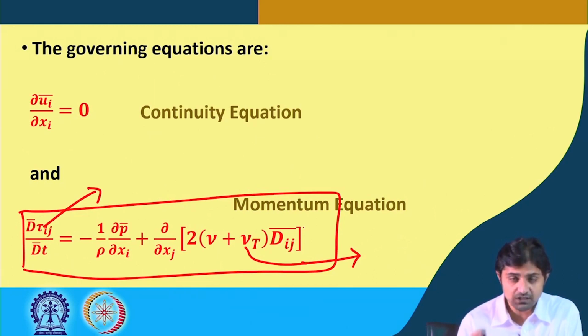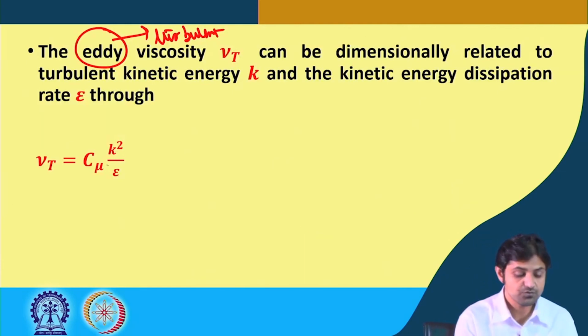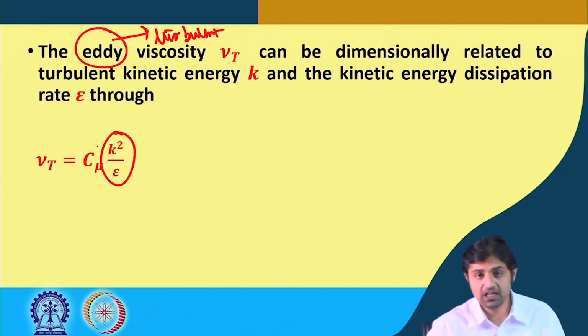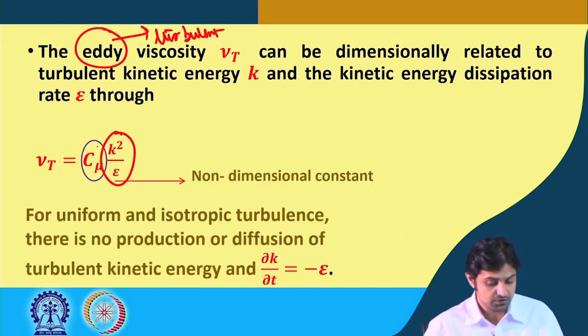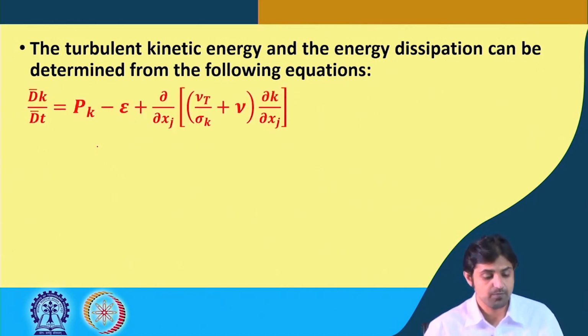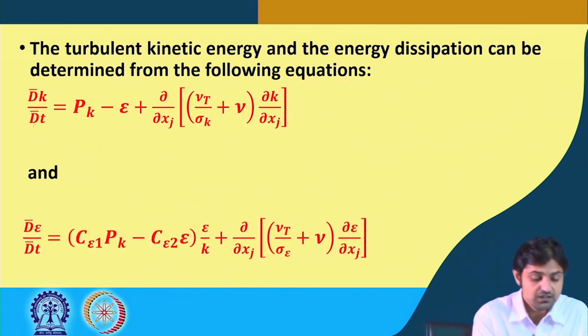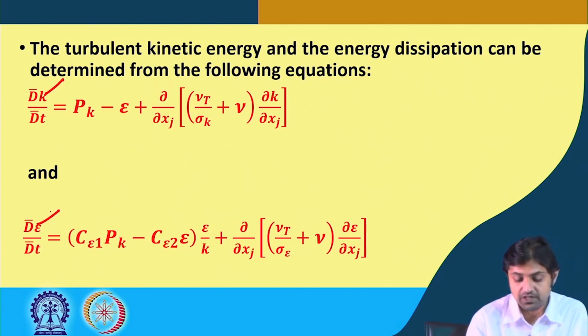So, nu t we write in terms of c mu into k square by epsilon. Again we have two things to find out, k and epsilon. So, the next step is finding out this turbulent kinetic energy k and epsilon, which is how this model gets its name. To do that, we have two other equations, one in terms of kinetic energy and one in terms of epsilon.